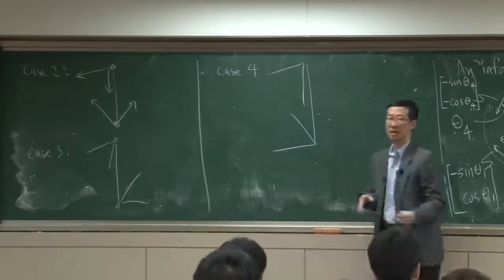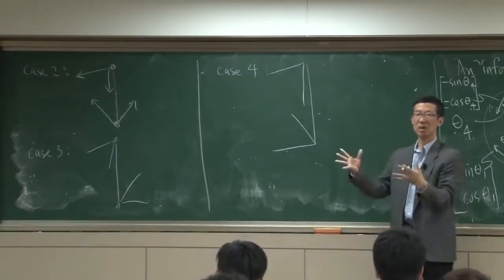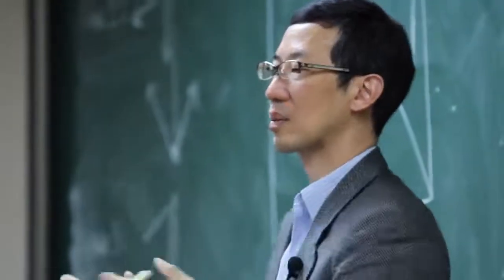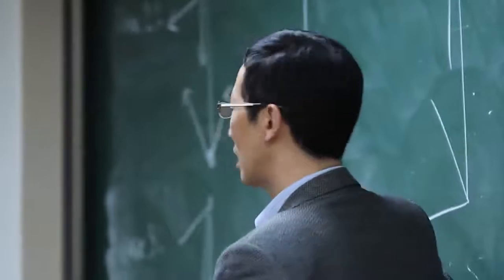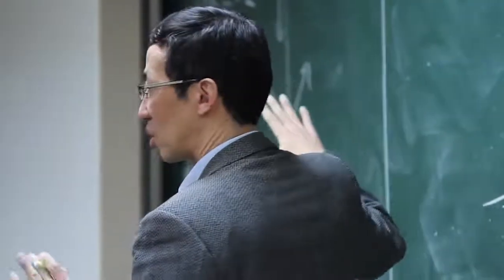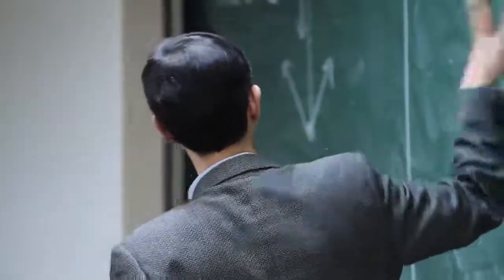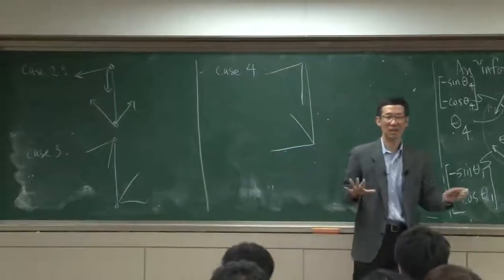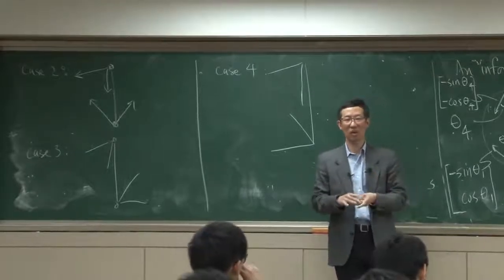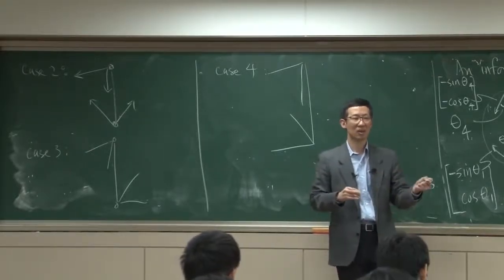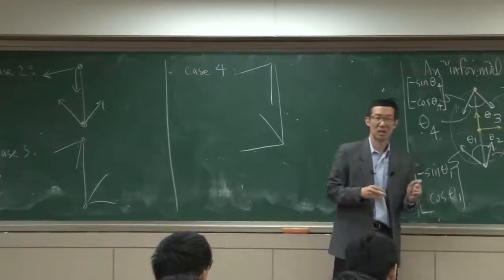So these are all the possible cases. You just work it through, and you'll see that you don't have force closure for case 4, case 3, case 2. Only case 1 satisfies force closure. So that's an informal description of how to prove Nguyen's result.